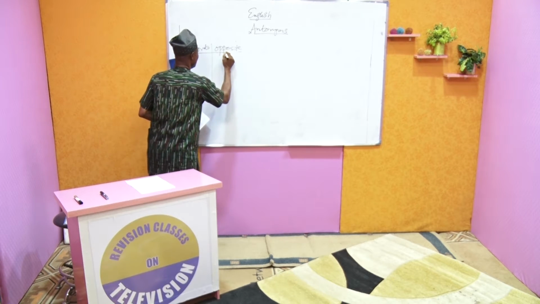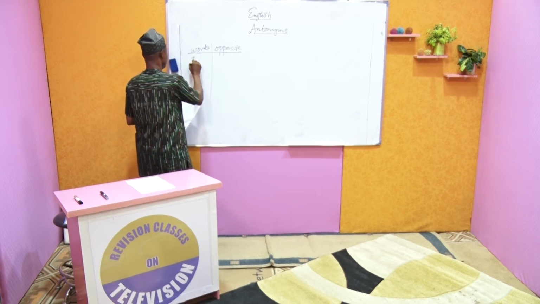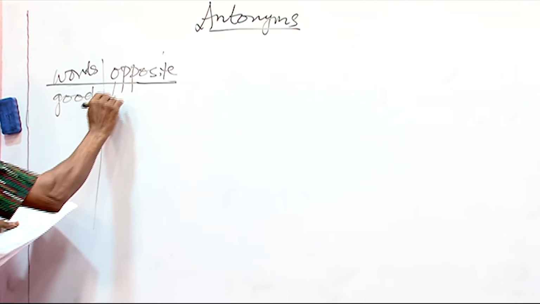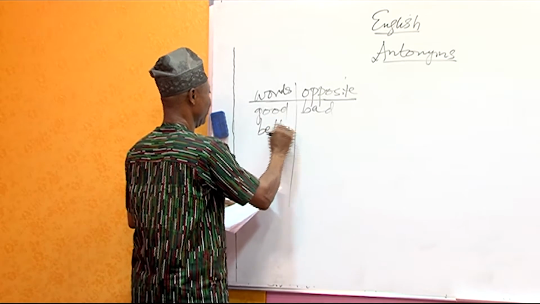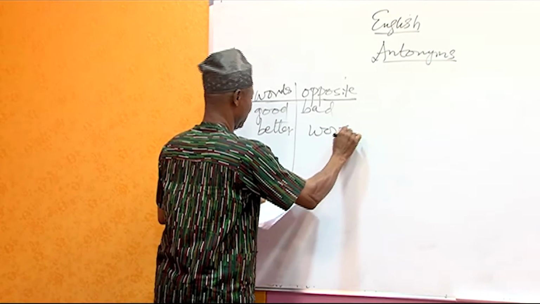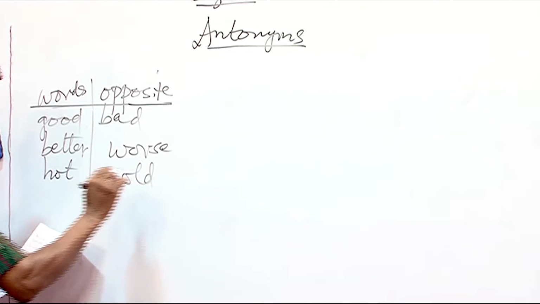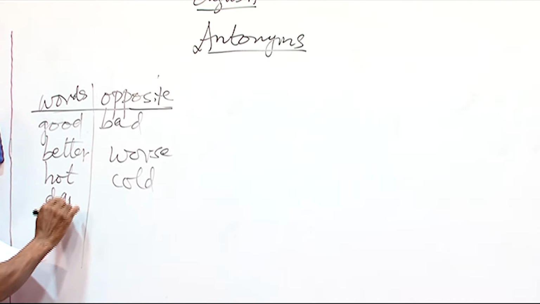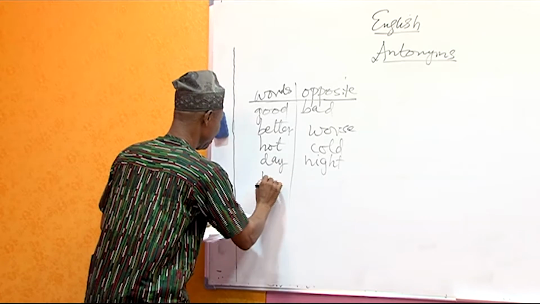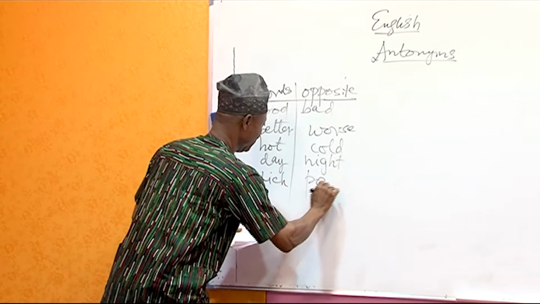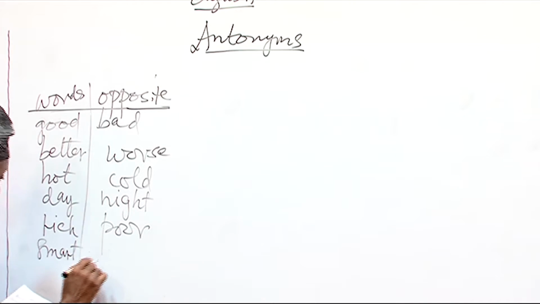Now, a few examples of words with the opposite in English are words like this. You have good, you have bad, you have better, you have worse, you have hot, you have cold, you also have day, you have night, rich, poor, you have smart, you have stupid.